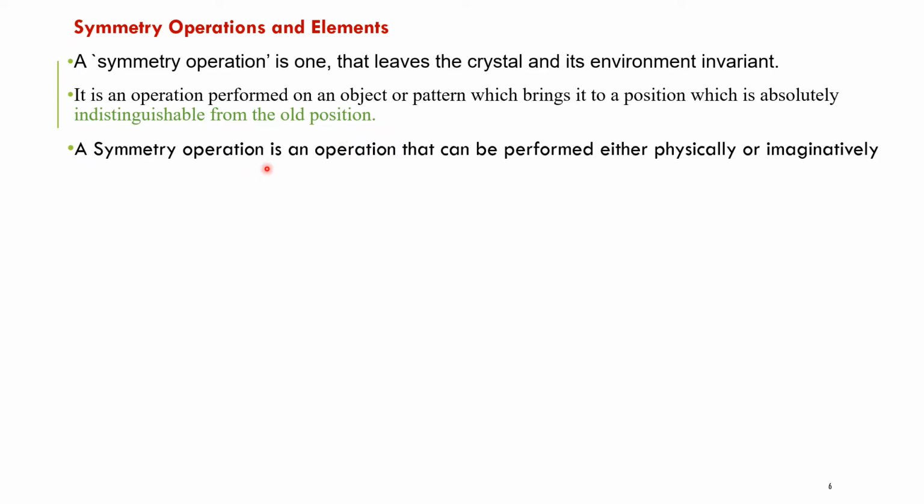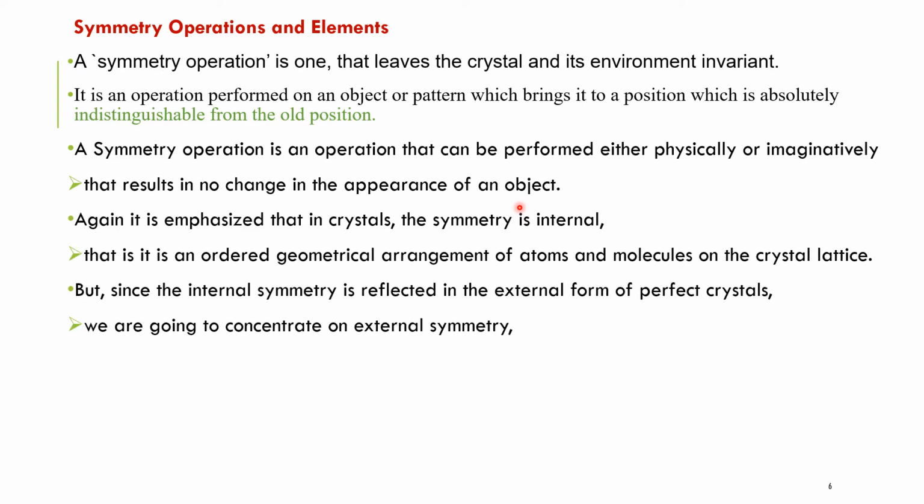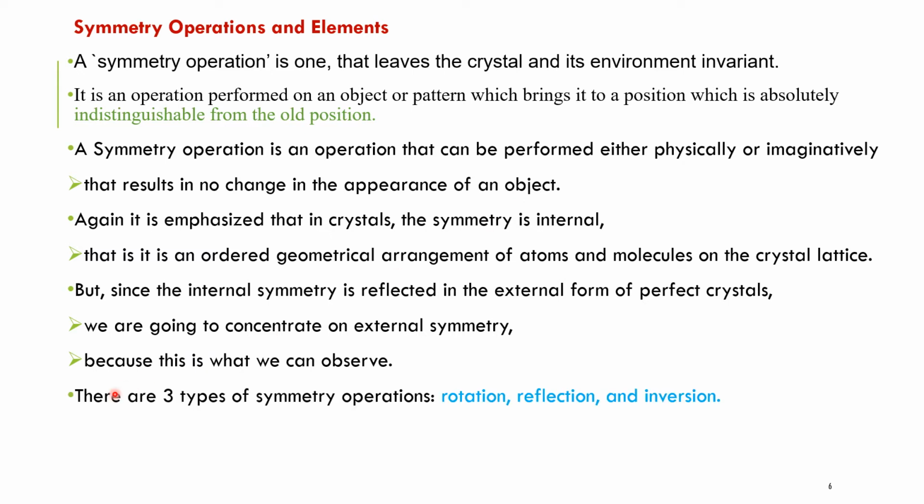A symmetry operation can be performed either physically or imaginatively, and results in no change in the appearance of an object. There are three types of symmetry operations: rotation, reflection, and inversion.